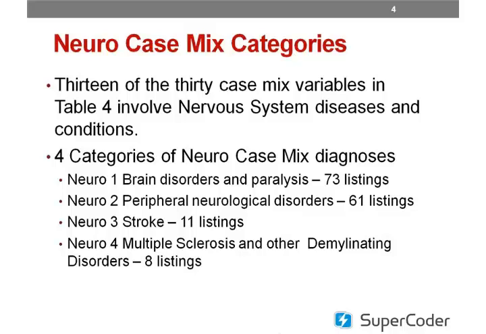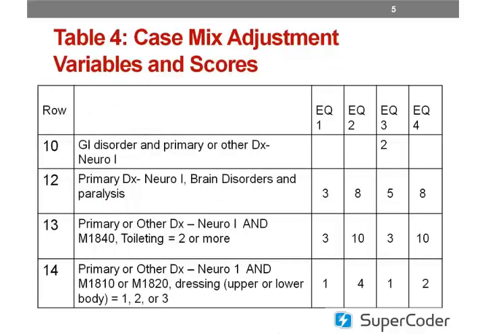And Neuro 4 as a category is multiple sclerosis and other demyelinating disorders. There are only 8 listings, but they are particular conditions that do impact long-term care and generally tend to be degenerative care over time. So there are quite some differences between Neuro 1, 2, 3, and 4 categories. We're going to really focus most of our time on Neuro 1 today.